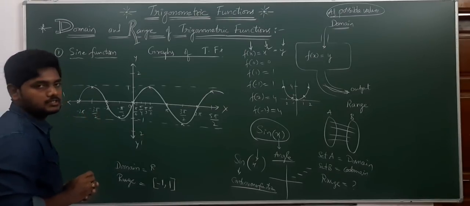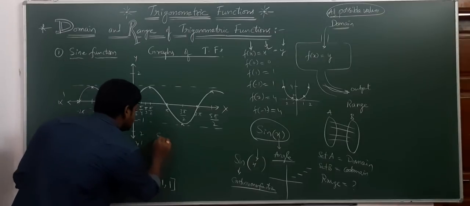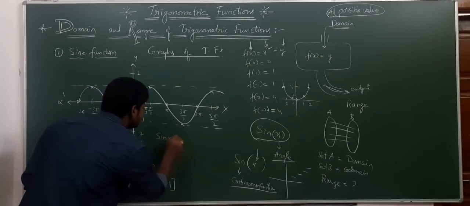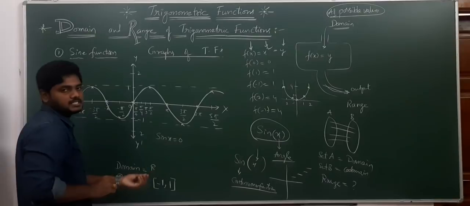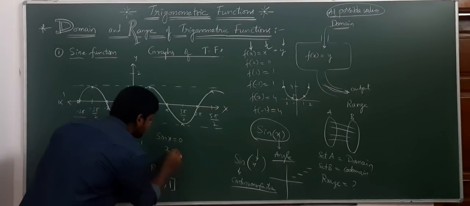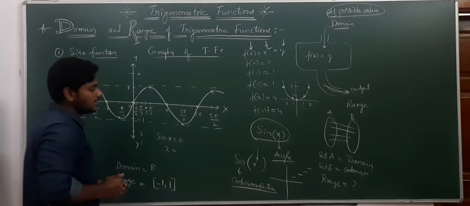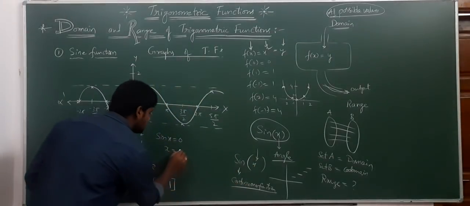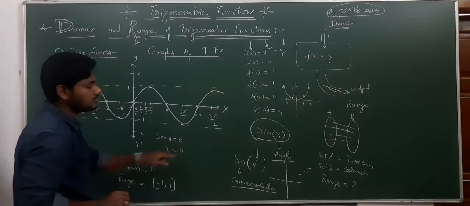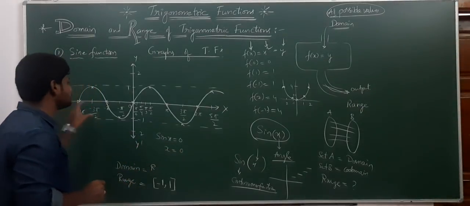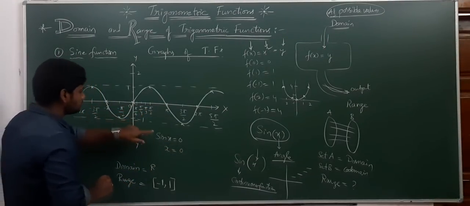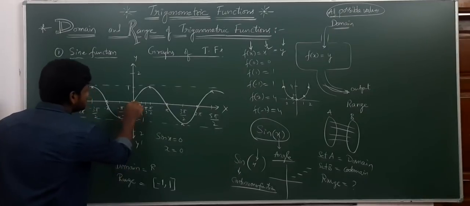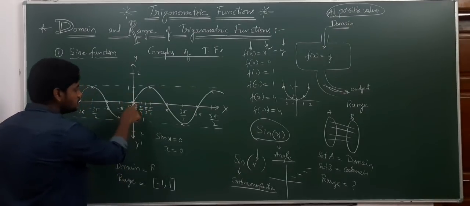Another important thing. Tell me, when sin x equals 0, for which values of x? As we know, sin x is 0 when x equals 0, nothing but sin 0 is 0. And also if you observe this graph, the y value is 0 here.